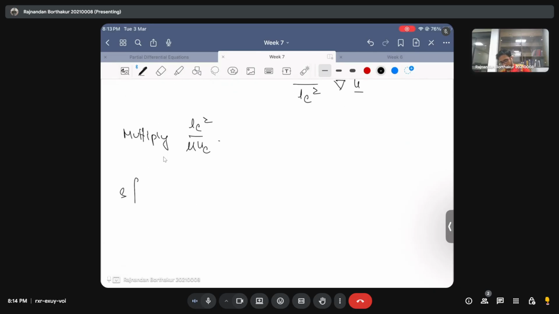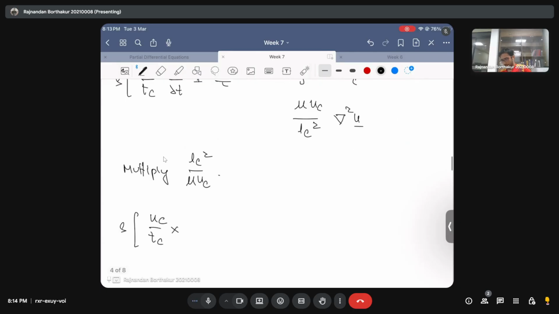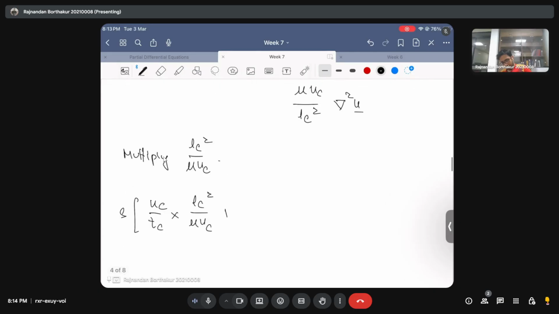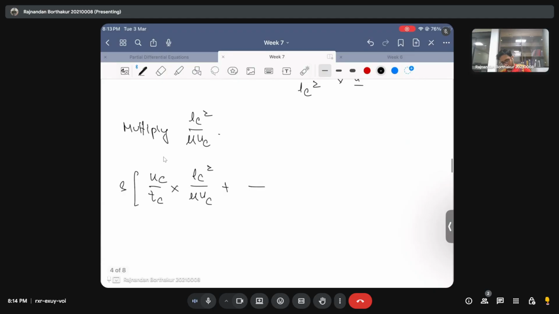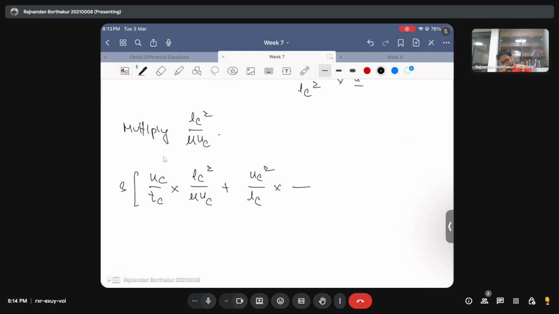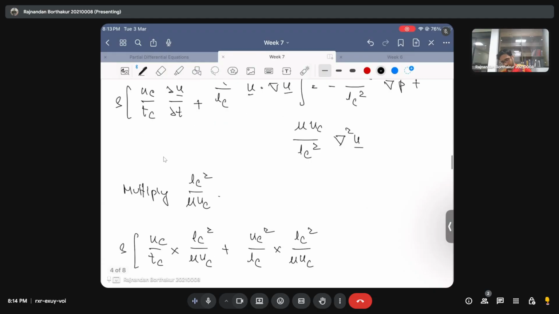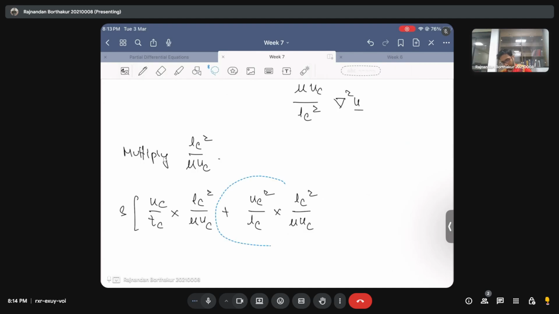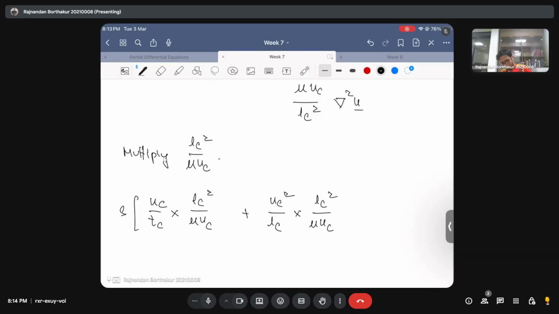So we get rho times UC by TC times LC squared by mu UC, and then I have UC squared by LC times LC squared by mu UC. I also have this term, I forgot to write it here: del U bar by del T, which is just non-dimensional.